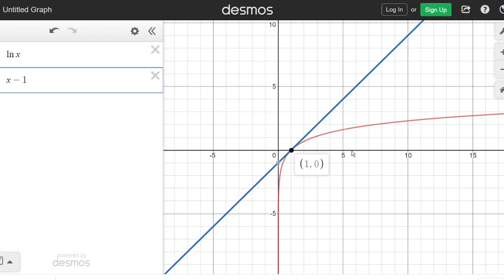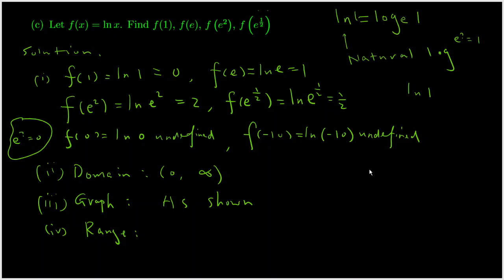I believe you can see the range as the set of all the real numbers. Now I'm going to write down the range. The range is the collection of all the real numbers, the set of all the real numbers. Using the interval notation, we use a notation like that to denote the set of all the real numbers.